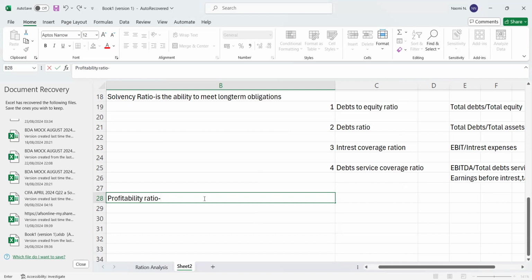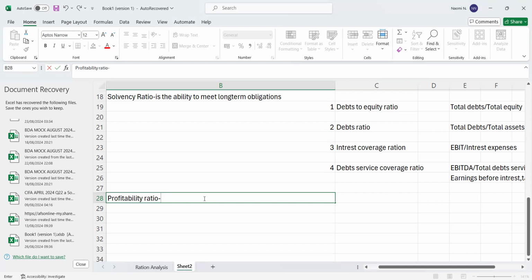Here are some of the common profitability ratios. We have gross profit, net profit, then return on assets, then return on equity, operating profit margin, and yes, we have 6. So we will be able to calculate 6 of the profitability ratio analysis.